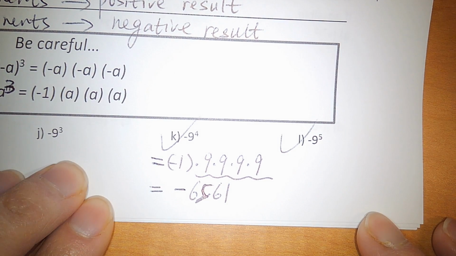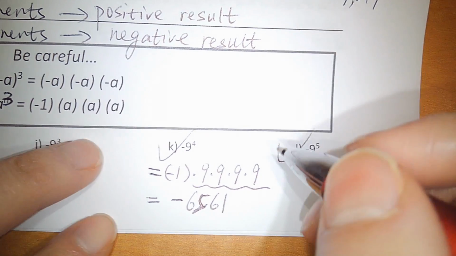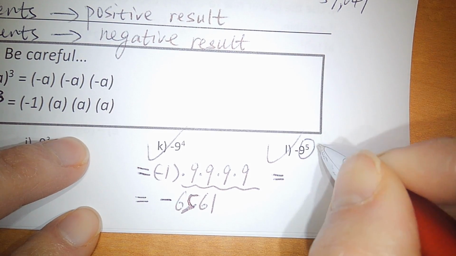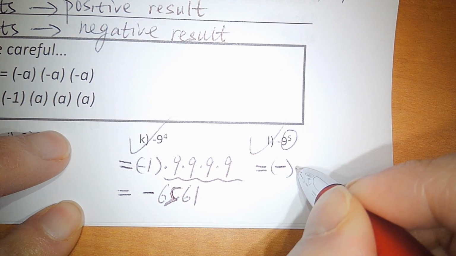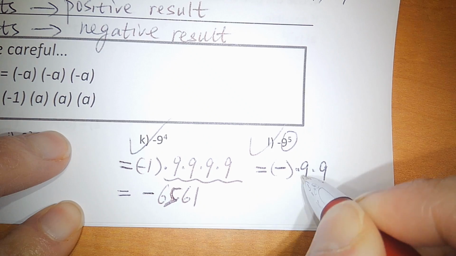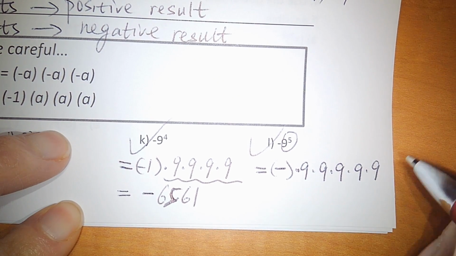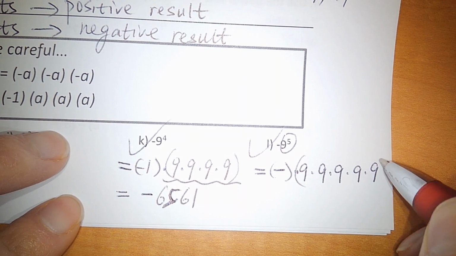You guys, that's good? Alright, how about negative 9 to the 5th power? Same thing, no parentheses, we do the 9 to the 5th power first. So negative 1 times five 9s. Or you can use a parenthesis for that, either way.